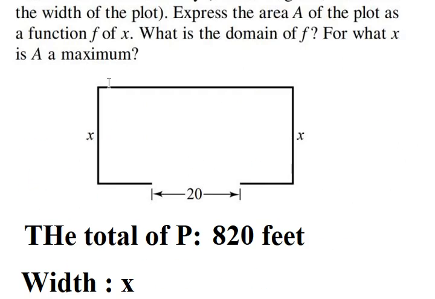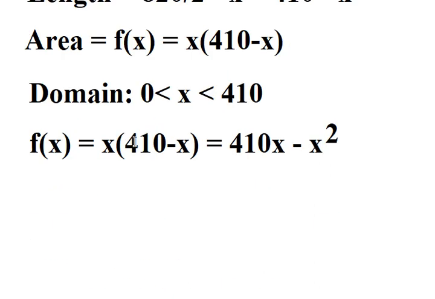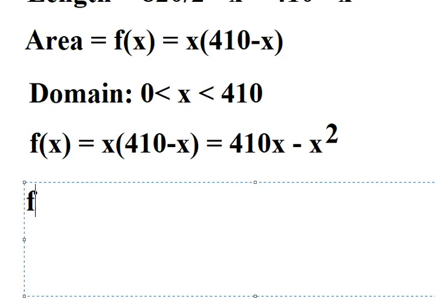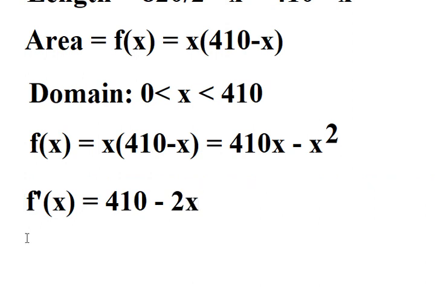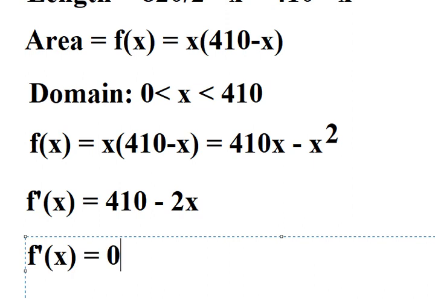If we want to find the maximum, we need to first find the derivative of the function. The derivative of 410s is 410. The next one is 2s. Later we put this equal to 0 to find the critical values.